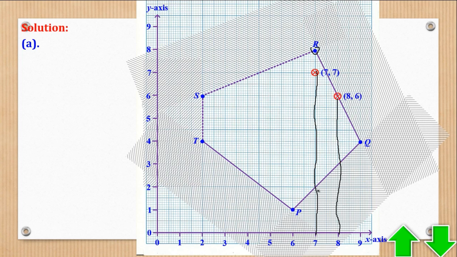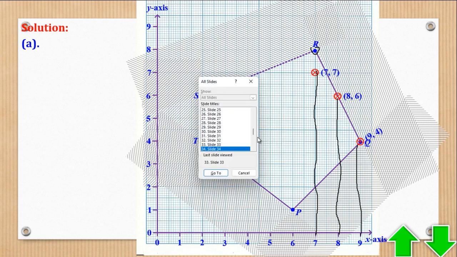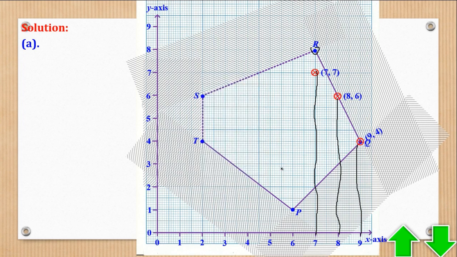Then for 9, it is there, extreme, because after that it is unwanted. So we shall go with those ones, and those are the ones we shall use to get the maximum value.